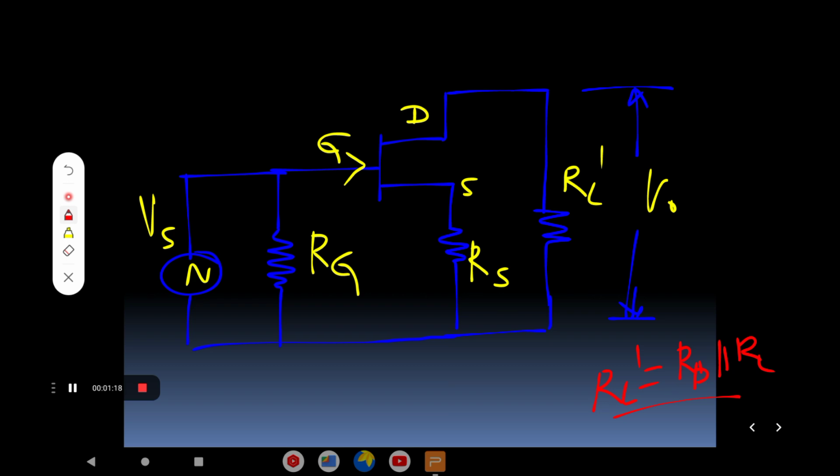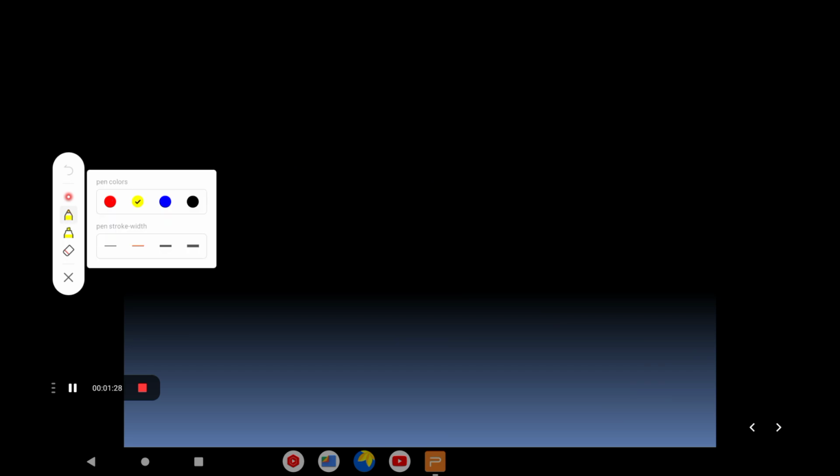At the same time, the small signal model for the circuit: you have to represent the small signal model for this case. So the small signal model means that obviously you have some supply voltage Vs as usual. At the same time, we are connected with the RG resistance like this, but it's an open circuit terminal at the gate terminal.